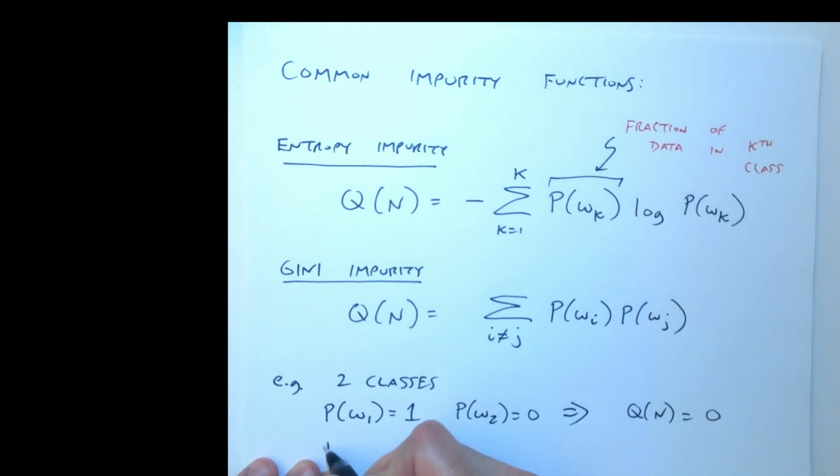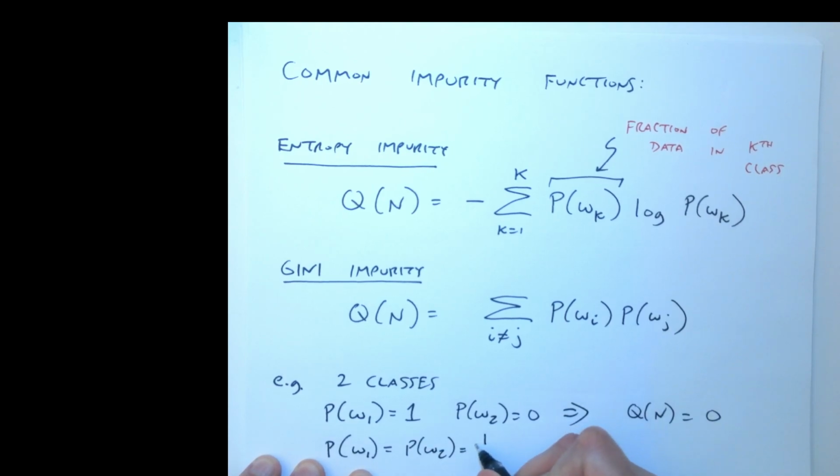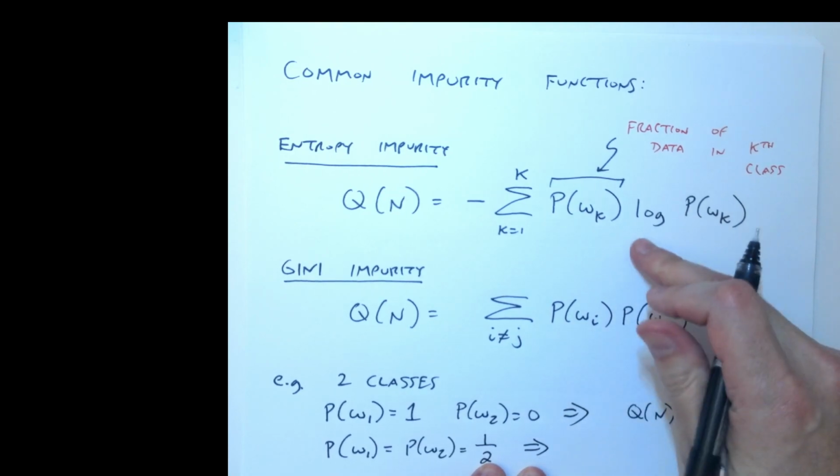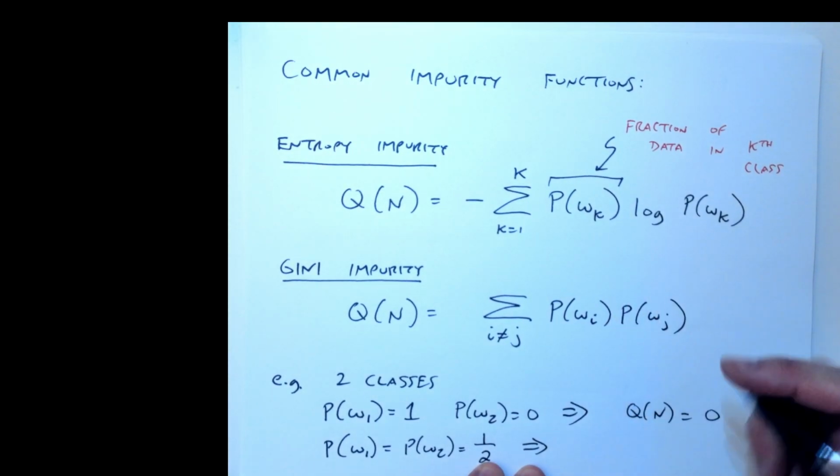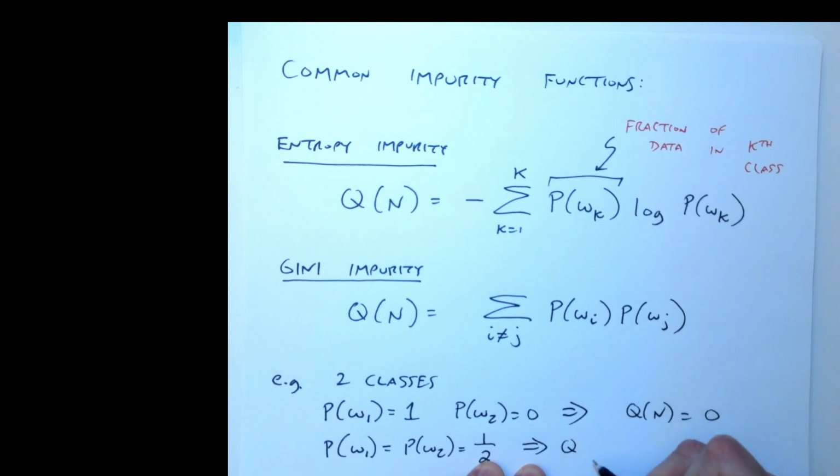Whereas the most uncertain case is that the probability of the classes inside the node is equal to 1/2. In that case, these give slightly different numbers: the entropy one would give me log 2, and the Gini one would give me 1/4.